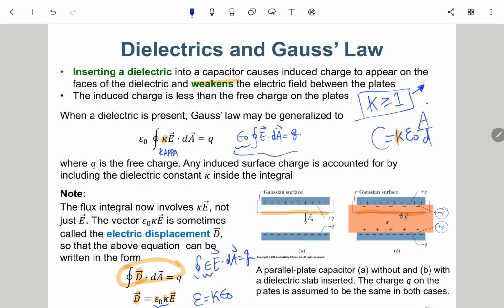Actually, this is related to the speed of light in any material. We know the speed of light in vacuum is the ultimate speed in the universe, 3 times 10 to the 8th meters per second. The speed of light in other materials is related to this kappa and also to the magnetism characteristic.